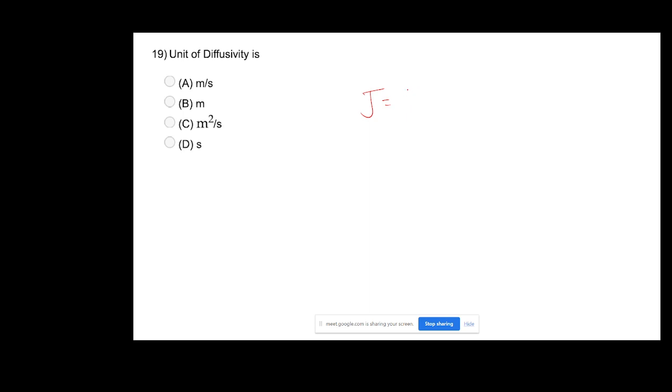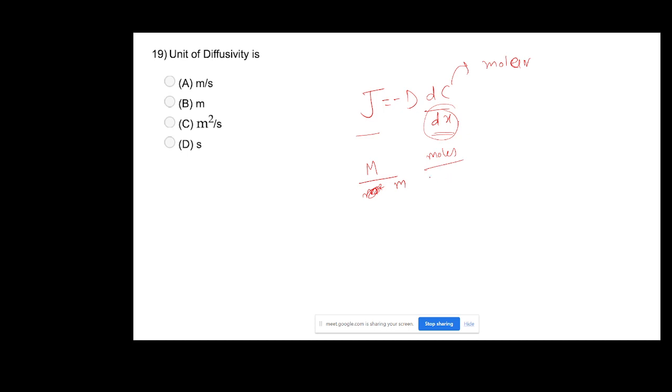Now if concentration is in moles, or molar concentration, the flux will be in molar per meter square per length, like meter.